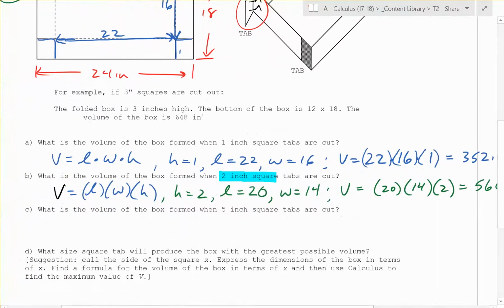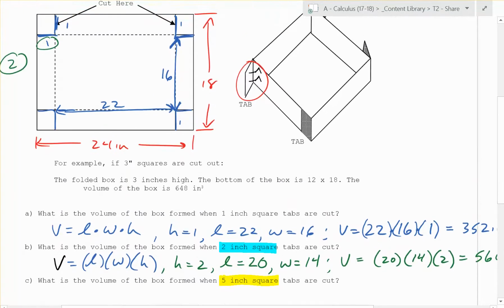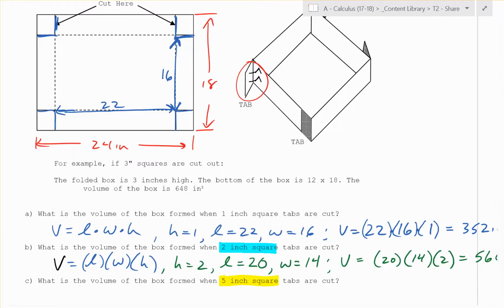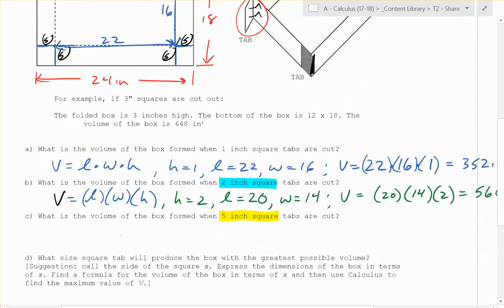Let's keep going though. Let's say we went all the way to 5 inches cut out for each square. Let's use black this time. Let's say it's 5 and 5 and 5 and 5 all the way around. The height is now 5 because that's the height that's getting folded up. So it's the same volume function, but h is going to be 5.